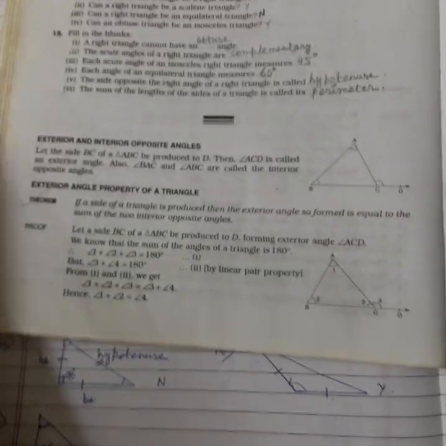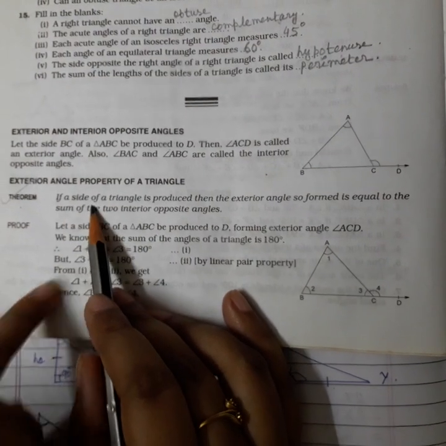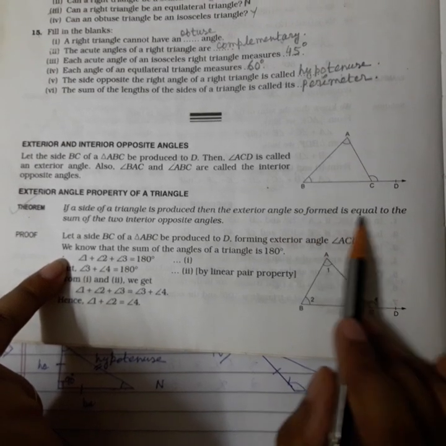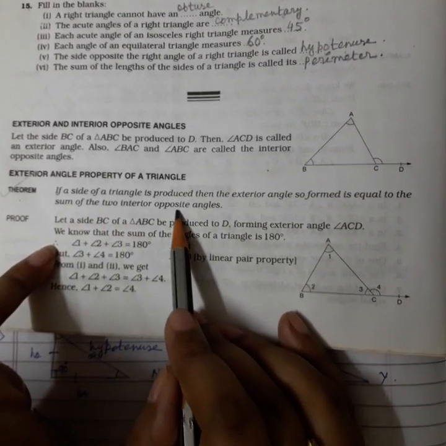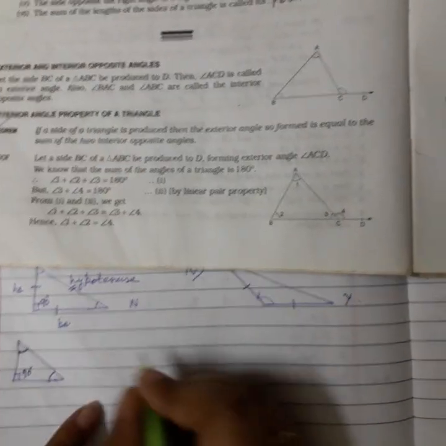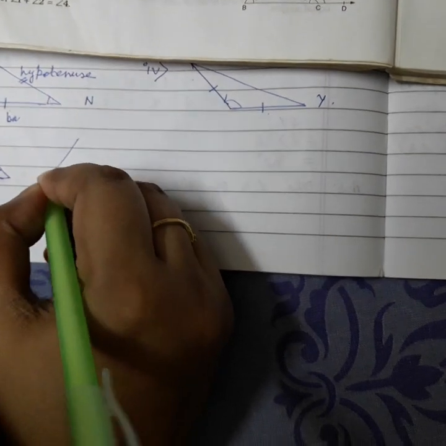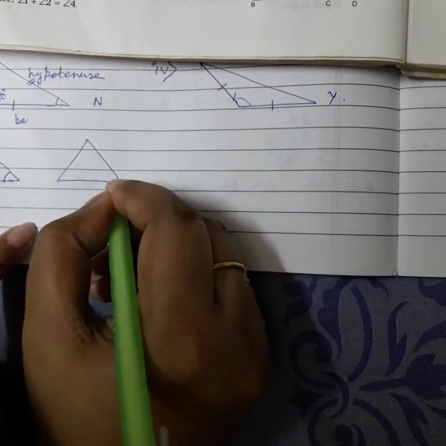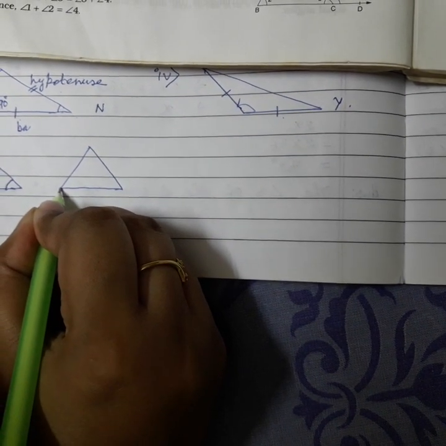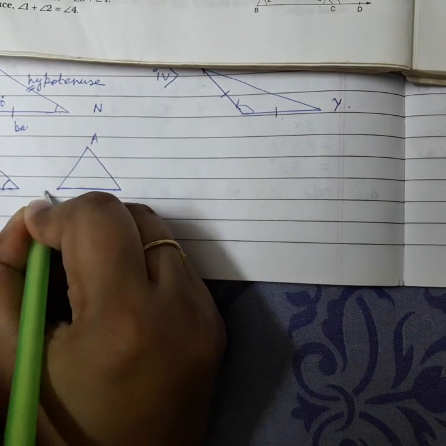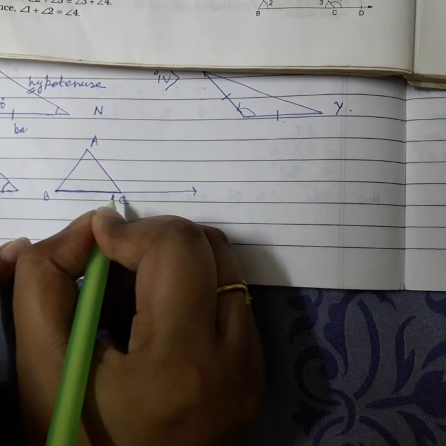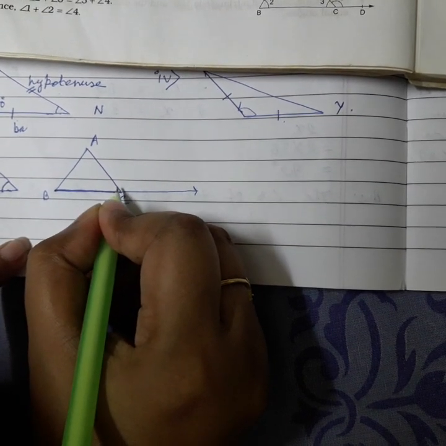Another property and theorem also: if a side of a triangle is produced, then the exterior angle so formed is equal to the sum of the two interior opposite angles. So what is the meaning of it? If we draw one triangle, and suppose one side I am producing, named A, B, C. If BC side I am producing on one side, what will be the exterior angle of the triangle?